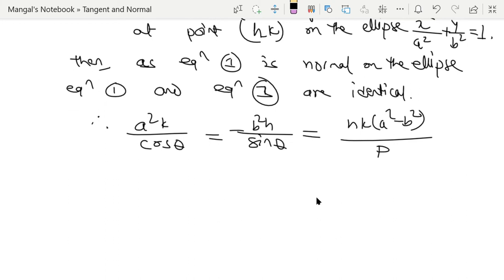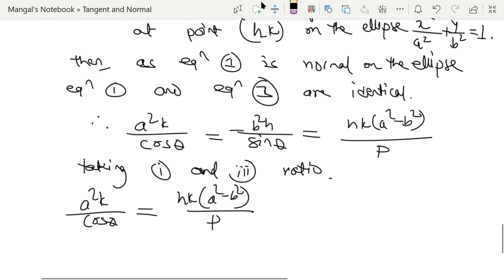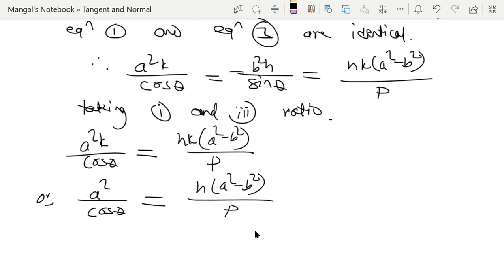So let's take the first and third ratio. If we take a square k by cos theta, this is equal to hk a square minus b square by p. Now k and k will get cancelled, so there remains a square upon cos theta equal to h times a square minus b square divided by p.